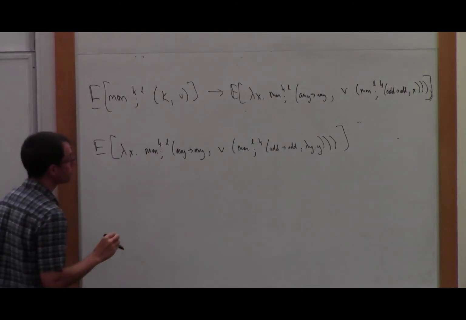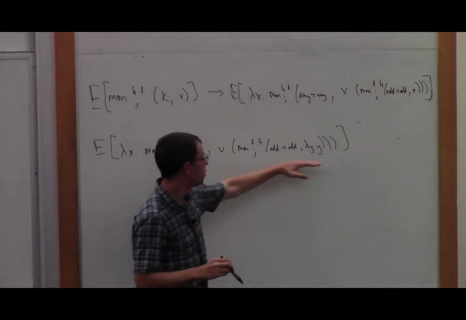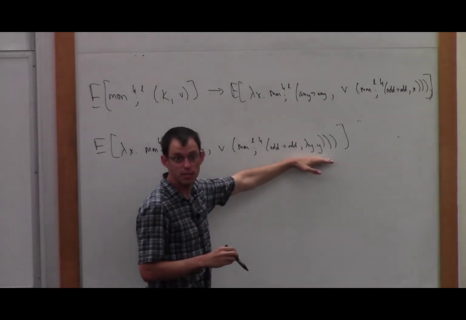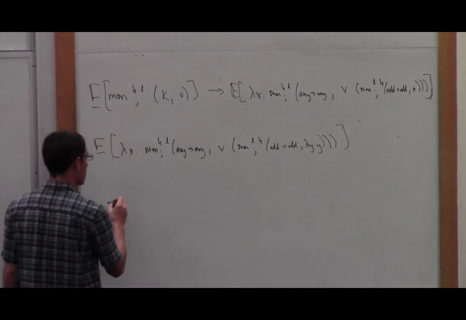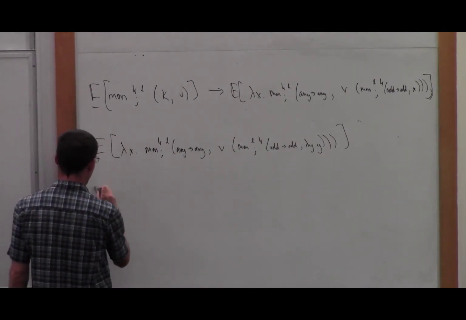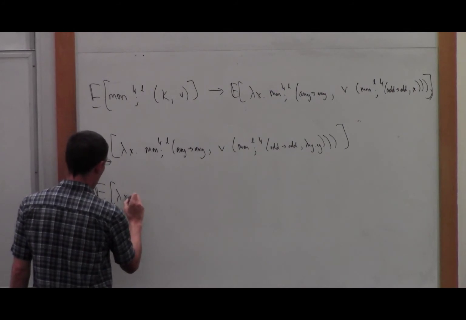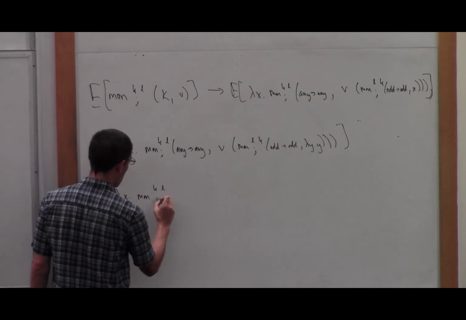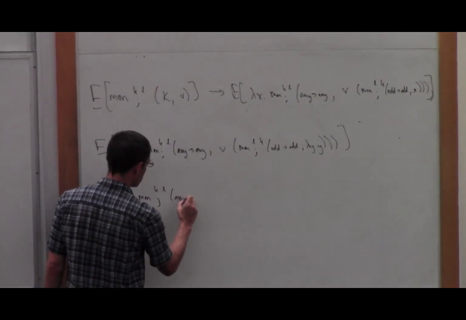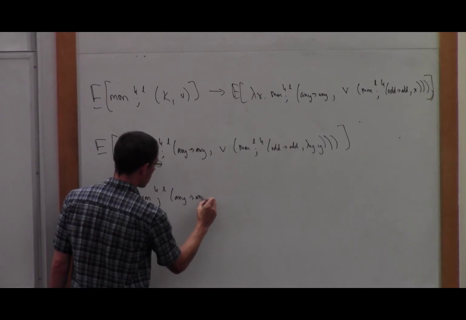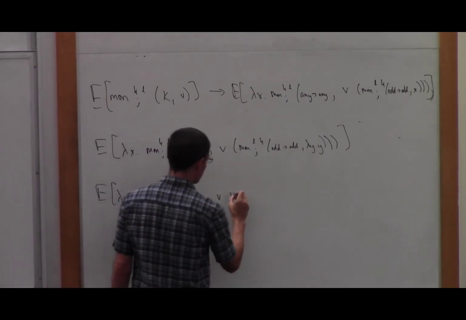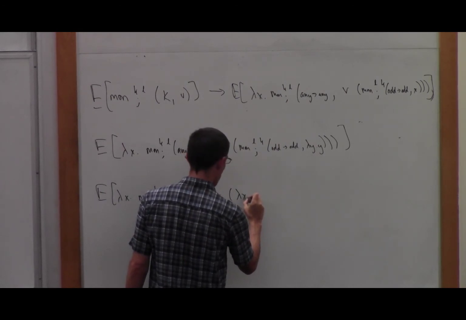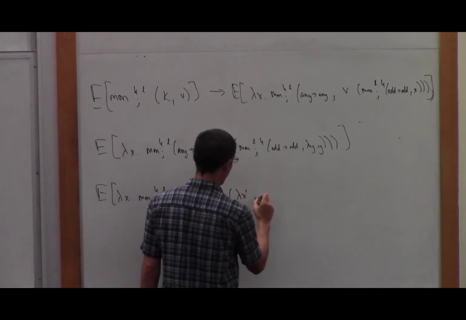Okay, so now we can reduce this, because this is our read x, using the function contract rule again. I'll call this bound variable x prime.